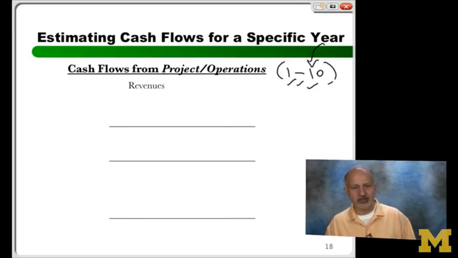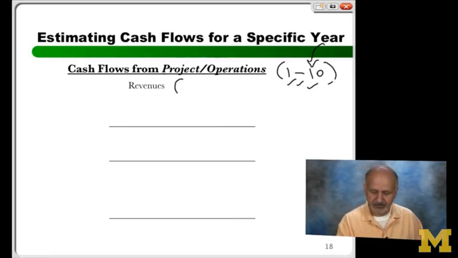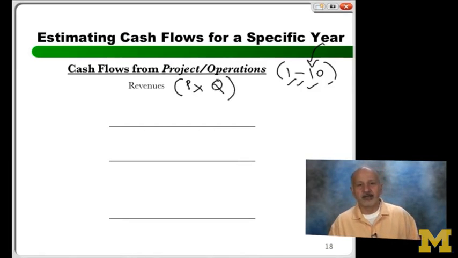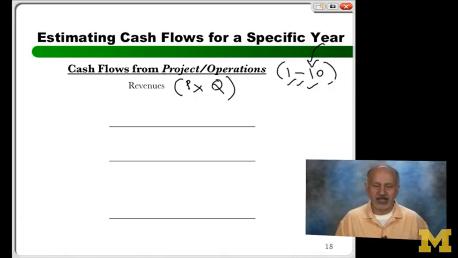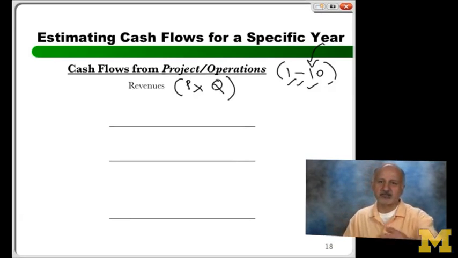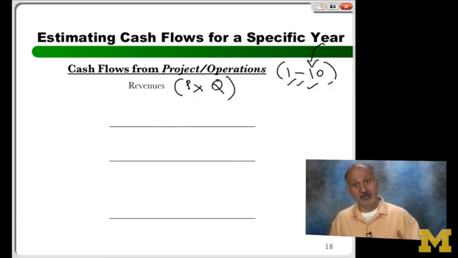The first item that you always worry about is revenues. What is revenues? Remember, price times quantity. It's very straightforward, because usually you have something to sell, and the quantity determines the number of units. And what is the price?